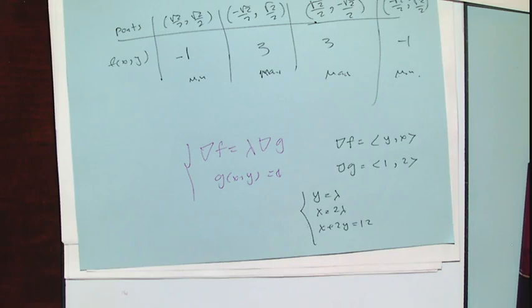So x is 2 times 3, 6. And then what you're trying to find the maximum of. What do you get for x? The 6. What do you get for y? 3. What do you get for x times y? 18.